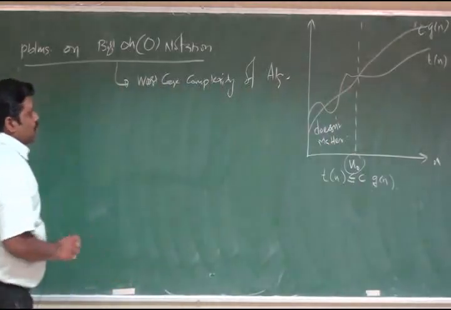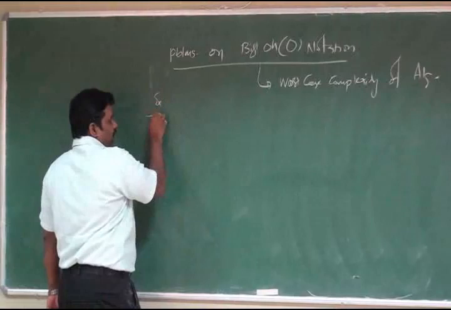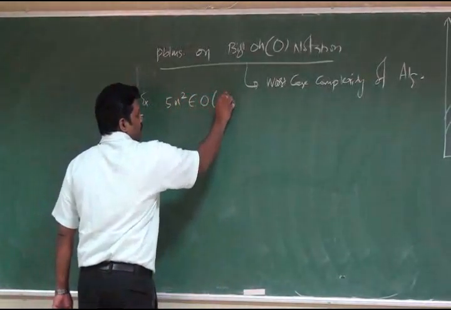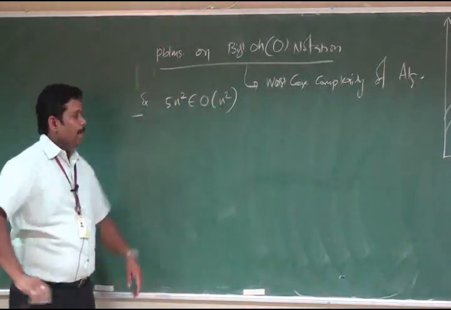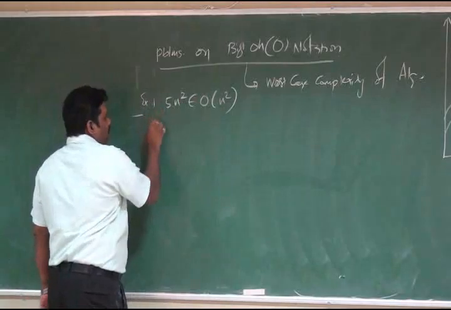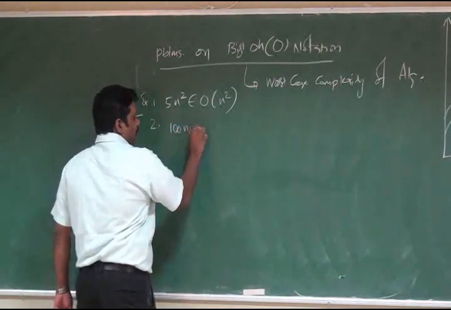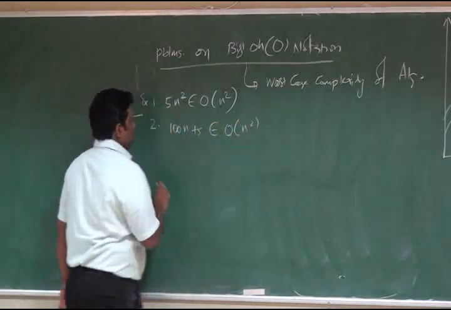Okay, let's see some examples to be solved for worst case complexity. The first example of this algorithm is 5n square, which belongs to big O of n square. You have to prove whether it belongs to big O of n square. The next example is 100n plus 5, whether it belongs to big O of n square.